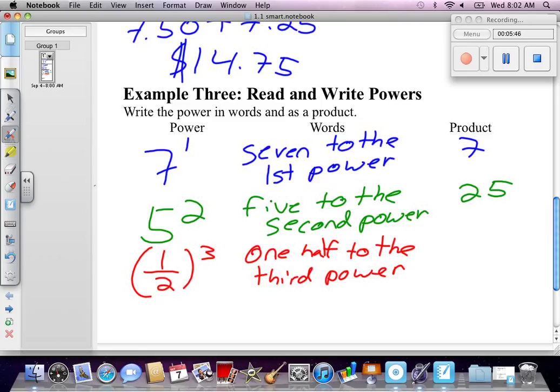What is it going to be? 1 times 1 times 1 is 1. 2 times 2 times 2 is 8. And you can put this in your calculator. Some of your calculators will do fractions. Others you just do 1 divided by 2 and then take it to the 3rd power. It's going to give you a decimal as an answer in most cases.